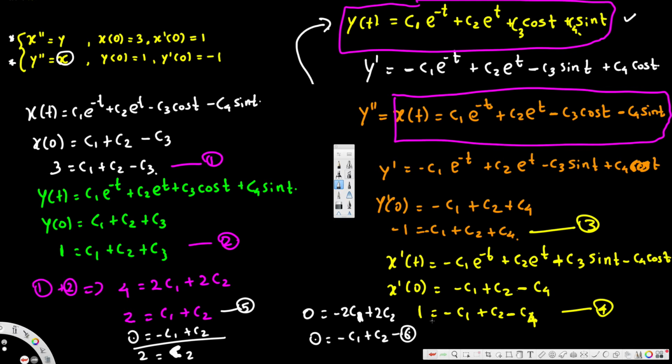When we simplify we get 2c1 minus 2c2 is equal to 0, that is, negative c1 plus c2 is equal to 0.